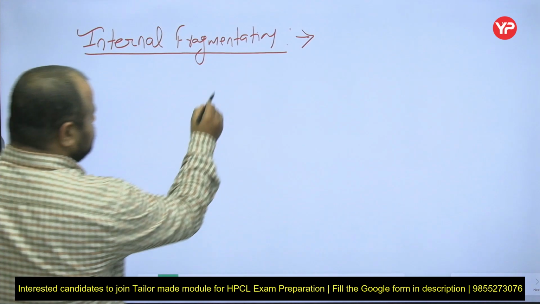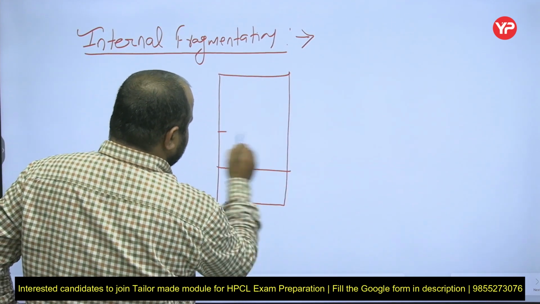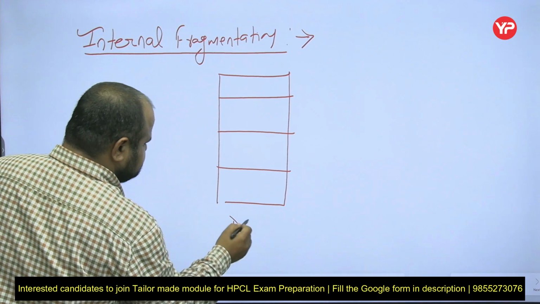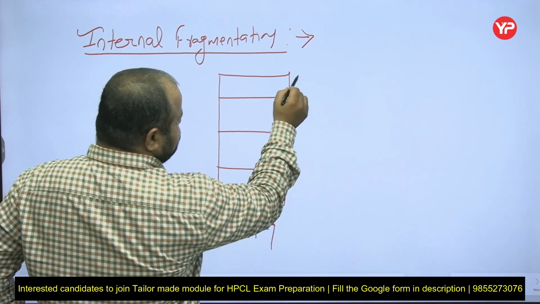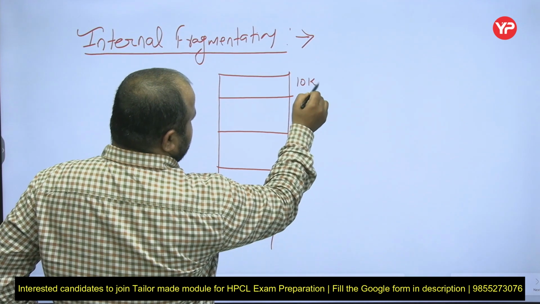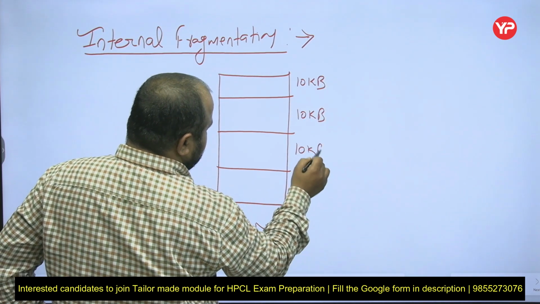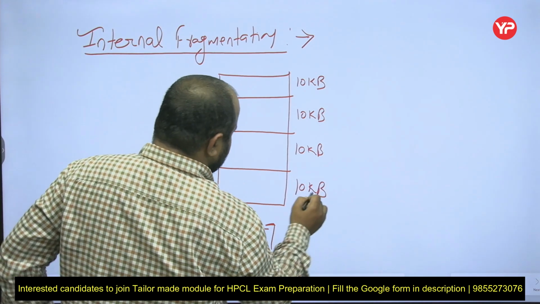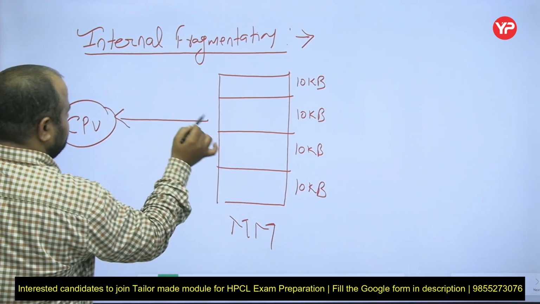See my dear students, this is my memory, and this is divided into some blocks. This is main memory. Suppose that the size of each block is 10 KB, again 10 KB, again 10 KB, and again 10 KB. Now we know that the CPU only interacts with the main memory.